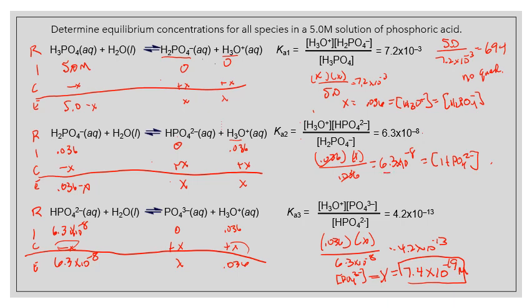I have 6.3 times 10 to the negative 8th. And then I have 0.036. And finally, the H3PO4, which would be the only other solution in the problem. Because our x was defined as 0.036, this would be 4.96 for its molarity. So that would be the only other one that we would have.